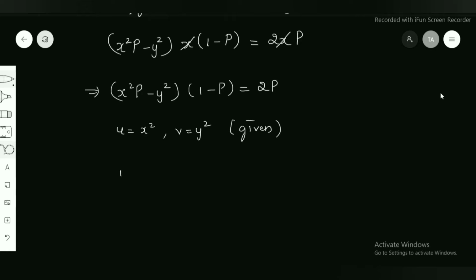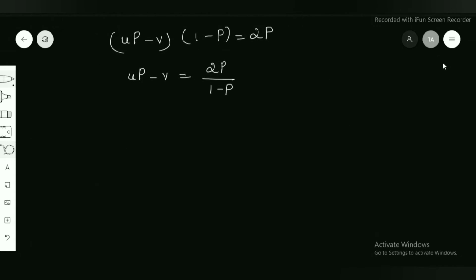Substitute that here: (uP - v)(1 - P) = 2P. From this we can write uP - v = 2P/(1 - P). This implies v = uP - 2P/(1 - P).